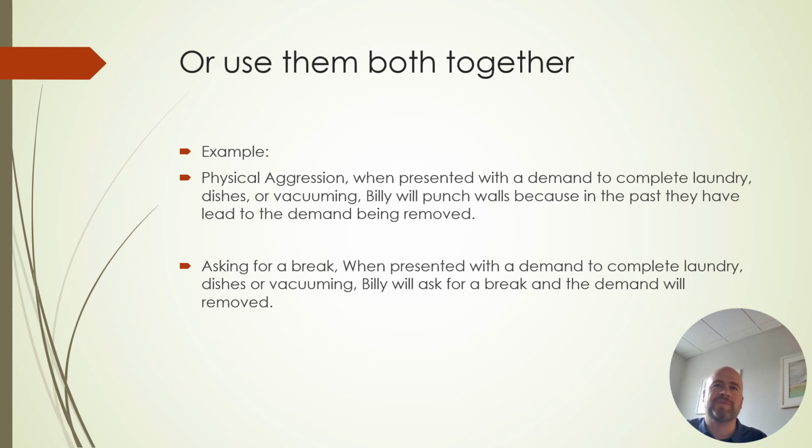This is another example. When presented with a demand to complete laundry, dishes, or vacuuming, Billy will ask for a break and the demand will be removed. So another example of using both functional and topographical definitions together as a useful way to record and to outline exactly what we're looking for. So our data collection makes a lot of sense. Thank you.